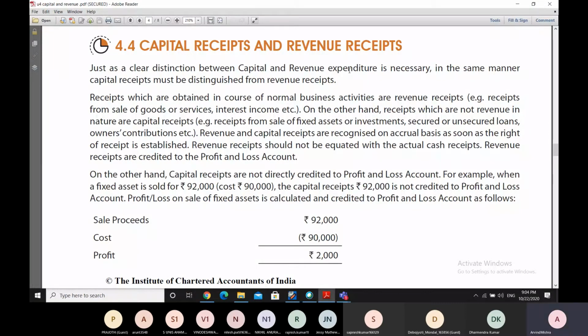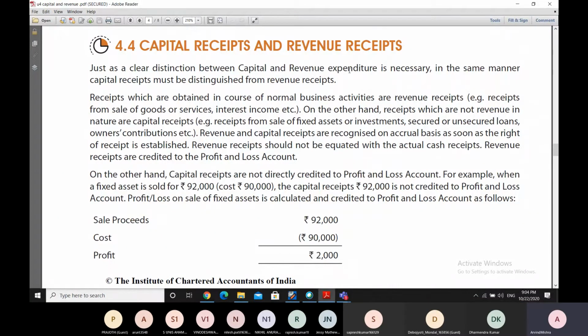Friends, just as we have to be very clear before we make an entry in the books of accounts whether an expenditure is capital in nature or revenue in nature, we have to make a decision whether a receipt is capital in nature or revenue in nature.